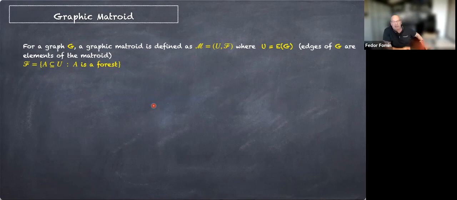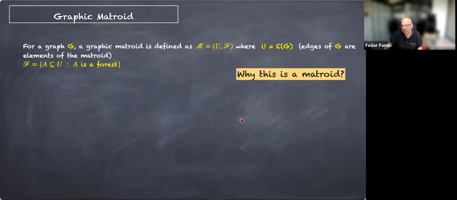Okay, so another example, as I already told you, is the graphic matroid. The elements of the graphic matroid are edges of the graph, and a set is independent if it's a forest. First of all, why is this a matroid? It's a nice exercise, and the most tricky part is to prove the exchange axiom.